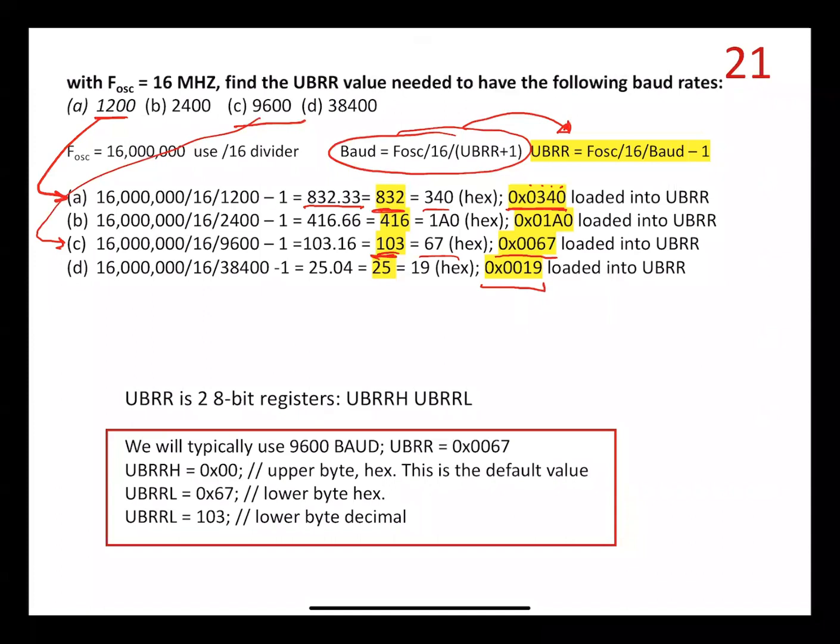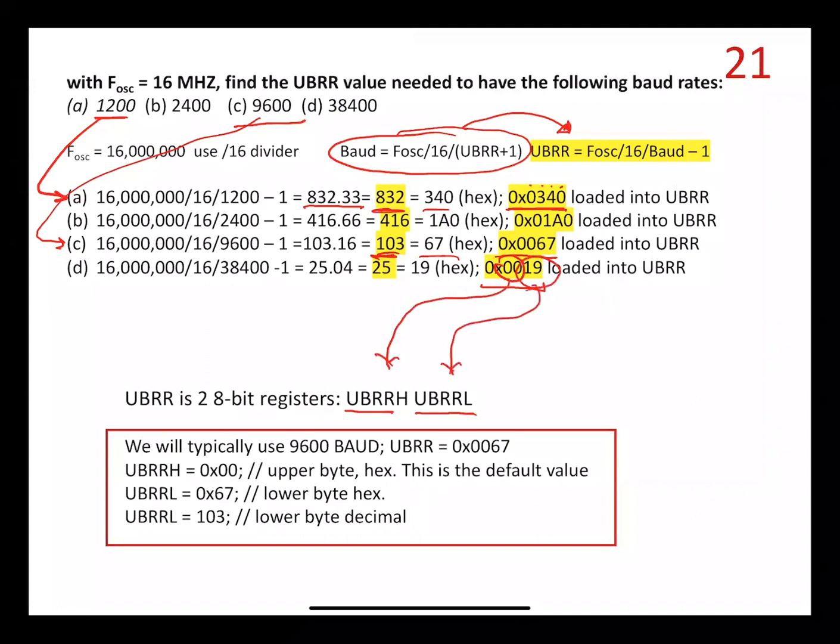We have an 8-bit machine, so how do we handle a 16-bit value? What actually happens is there are 2 registers in the UBRR: the UART baud rate register high and the UART baud rate register low. The upper 2 hex digits go into the high, and the lower 2 go into the low.